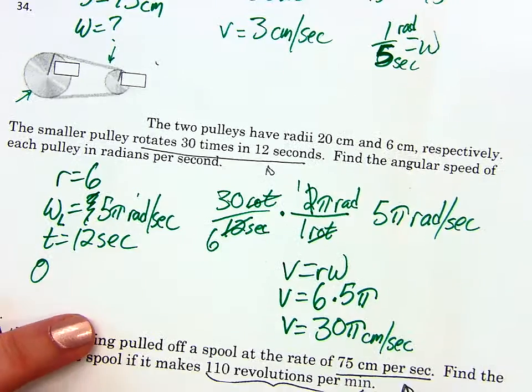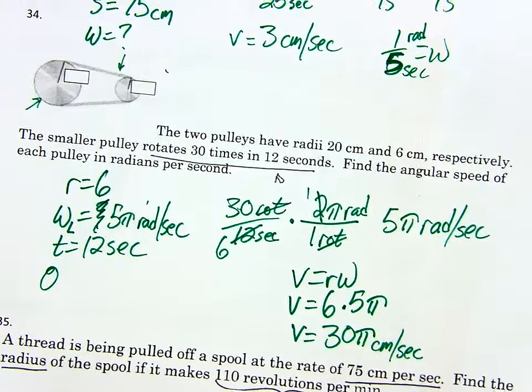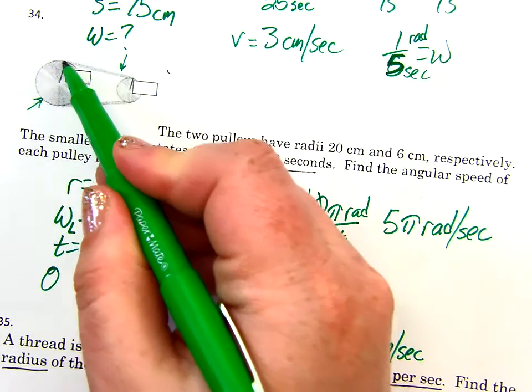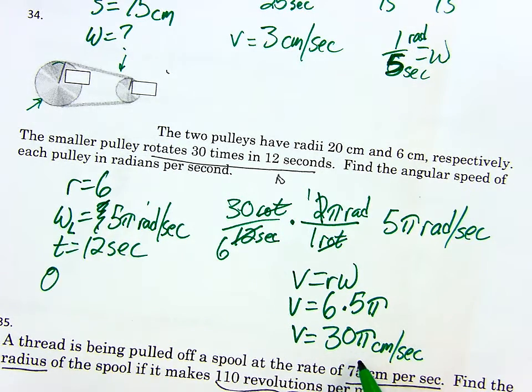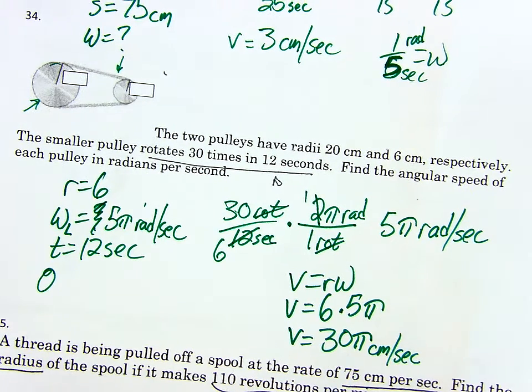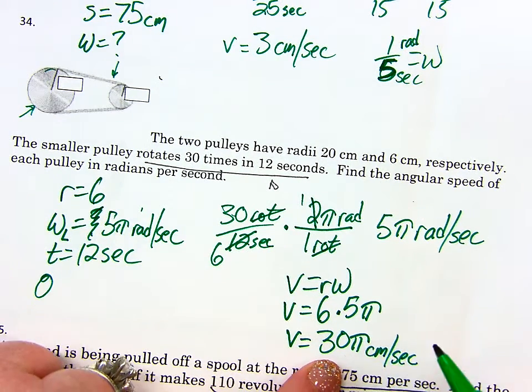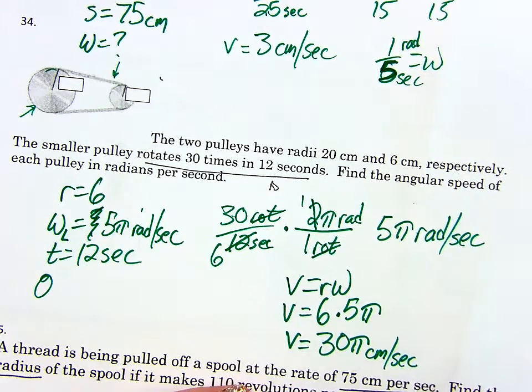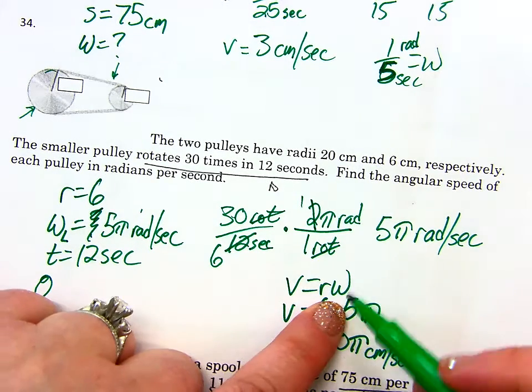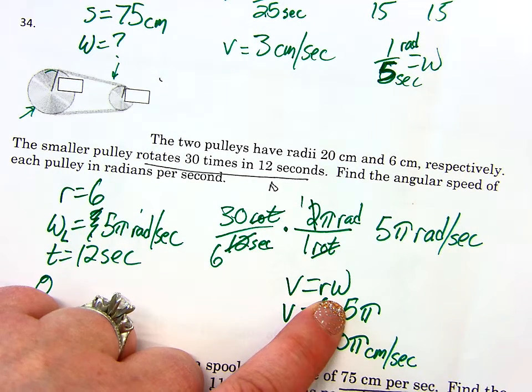Which means the big wheel has that same linear speed. As the belt is going around the big gear, it's going at that same speed, because the chain's going to move at the same speed no matter where you check it. So now that I know V for the big one, I can use V equals RW, and solve for W for the big guy.